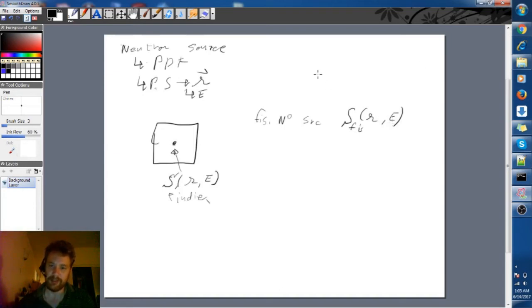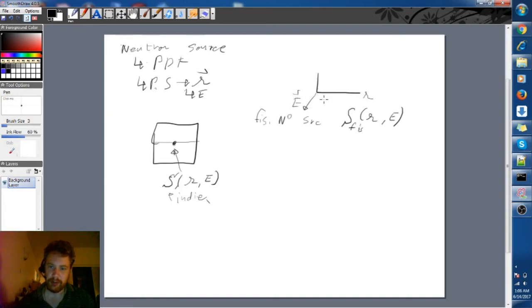So for example, if we have a 1 MeV neutron source located here, if we were to draw a line across here and then plot that up here with respect to energy, this is R, and this is going to be our E here.